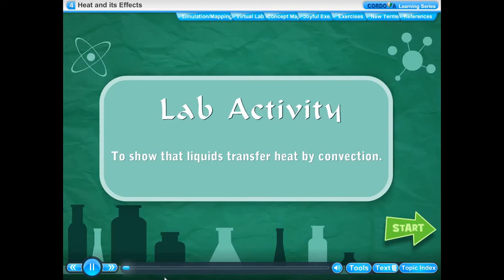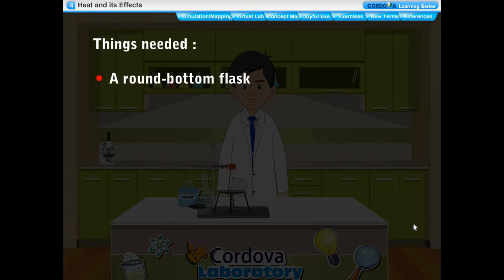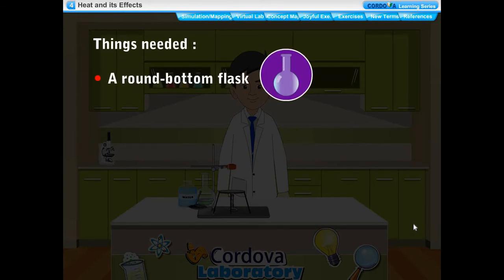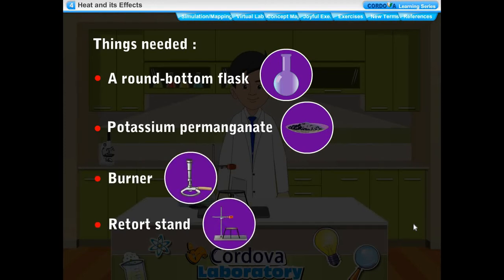To show that liquids transfer heat by convection. Things needed: a round bottom flask, potassium permanganate, burner, retort stand.